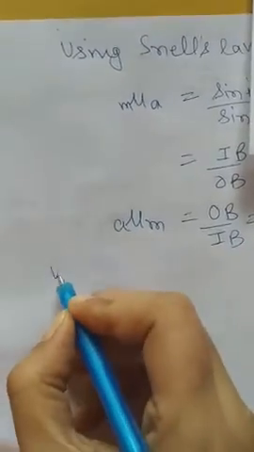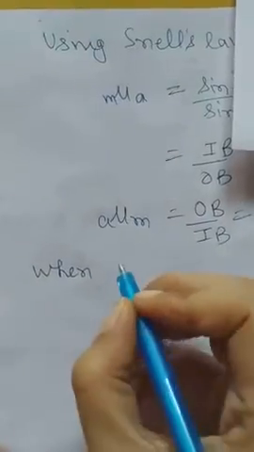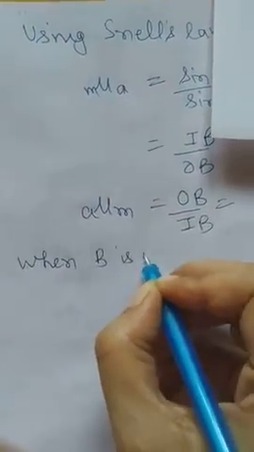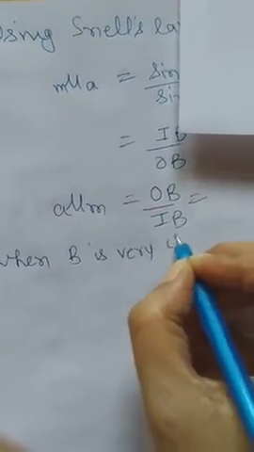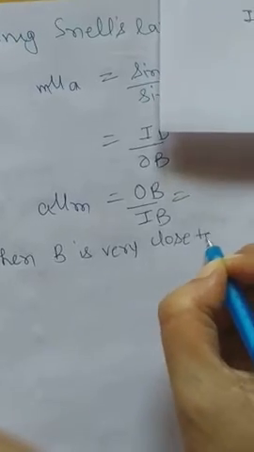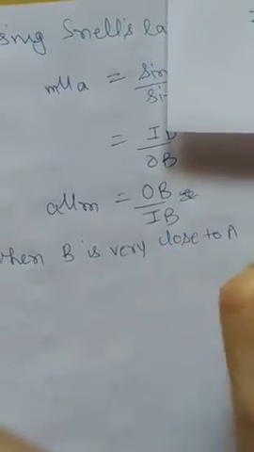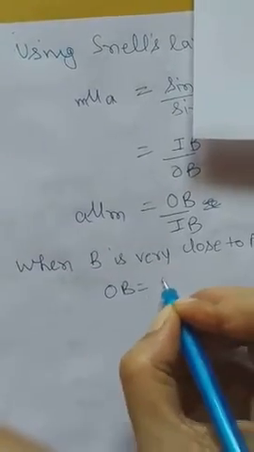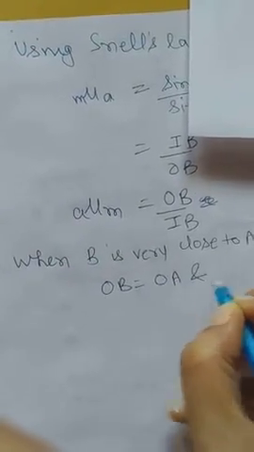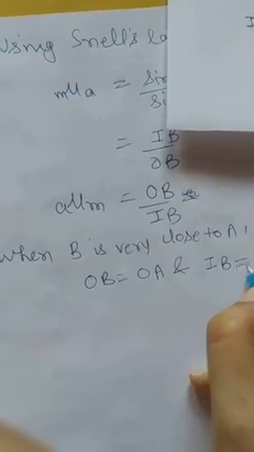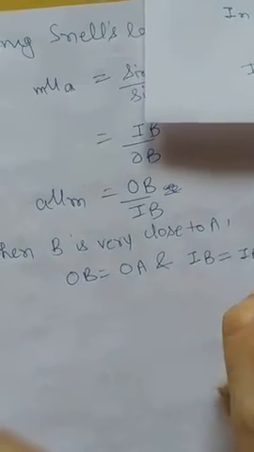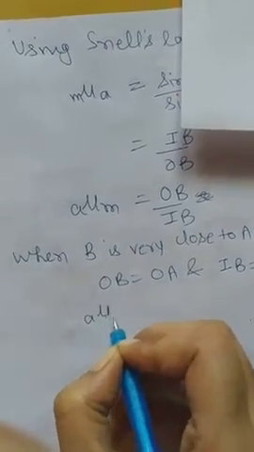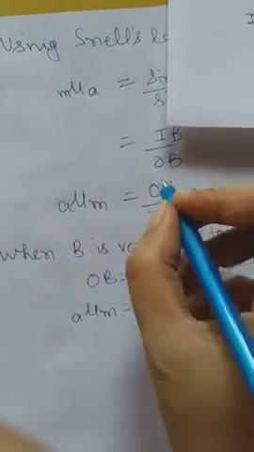So when B is very close to A, OB will become equal to OA and IB will become equal to IA, and therefore the refractive index of medium with respect to air will become OB upon IB.